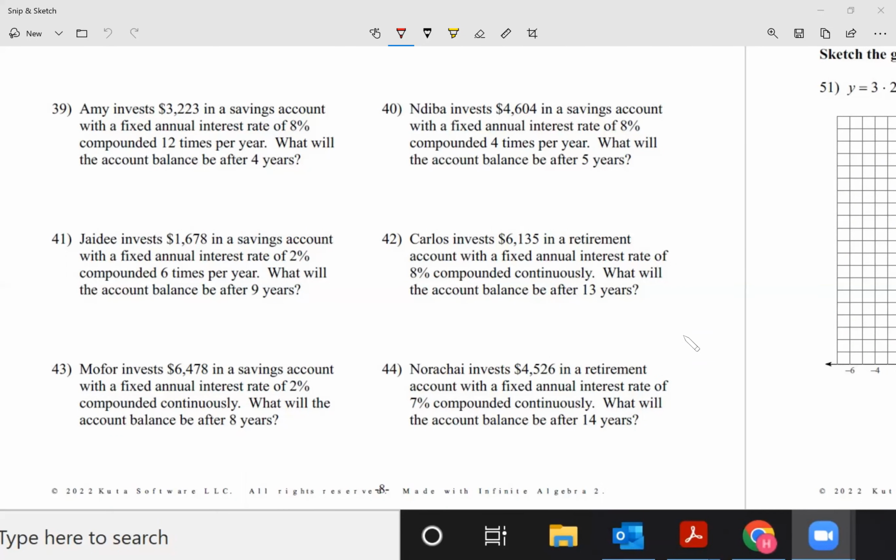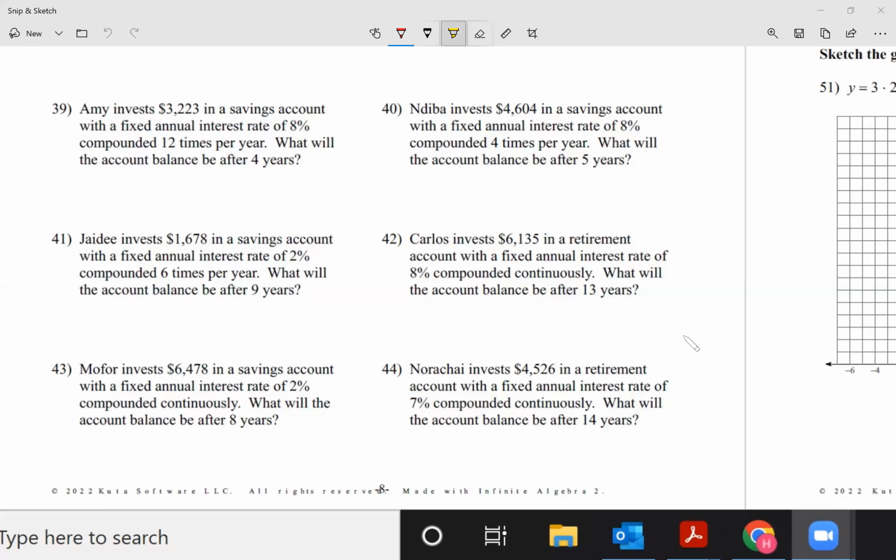Now, the world, and when I mean world, I'm talking about banks. So if you borrow money, like you have a credit card, or you go to the bank and ask for a mortgage loan, they're going to use what we call compound interest. Now, there are two types of compound interest. One gets compounded a certain amount of times per year.